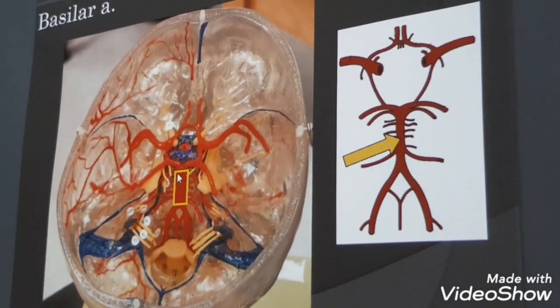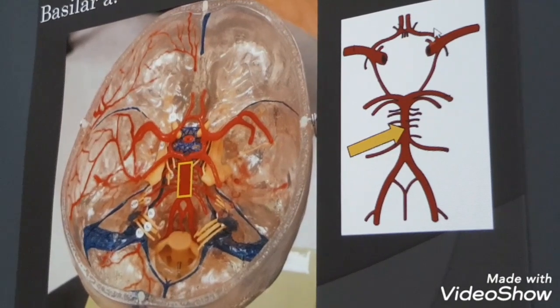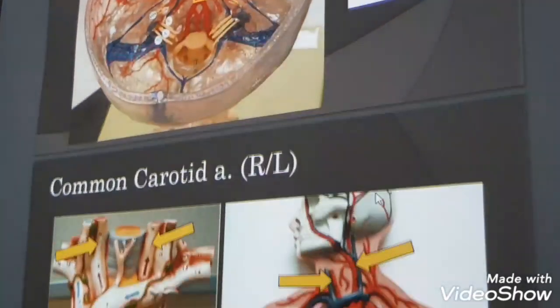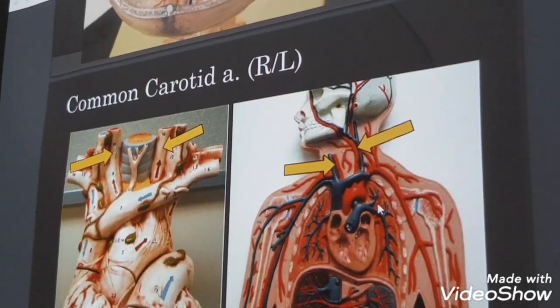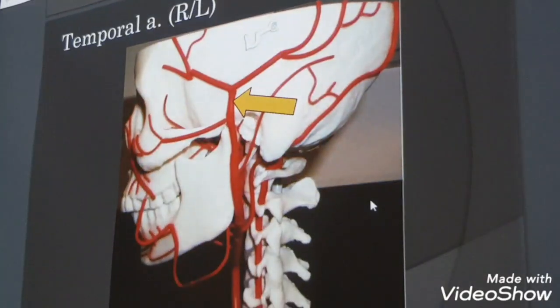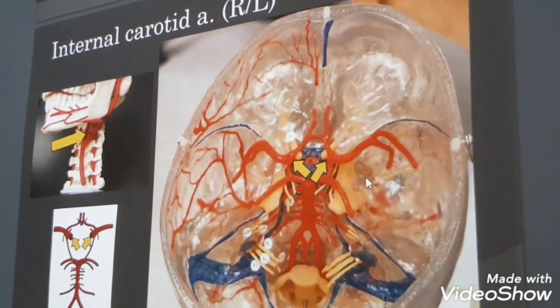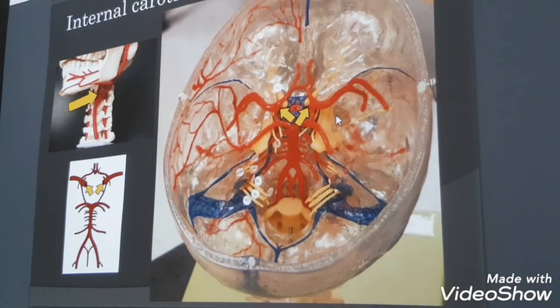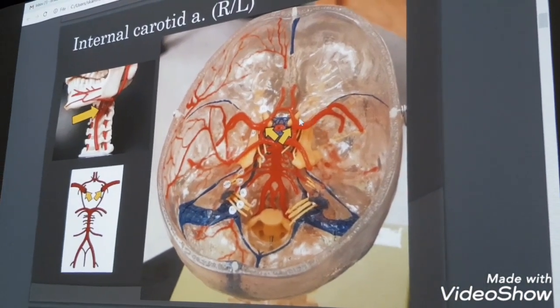And for testing purposes, this is fair game and this guy's fair game. I'm scrolling through to show you parts of Circle of Willis, the entire one, and then we'll go back to what we just skipped through.